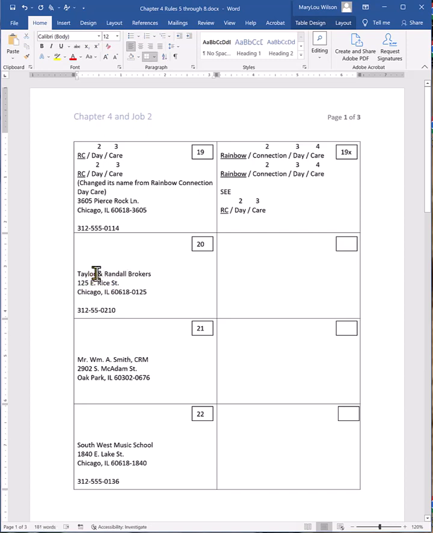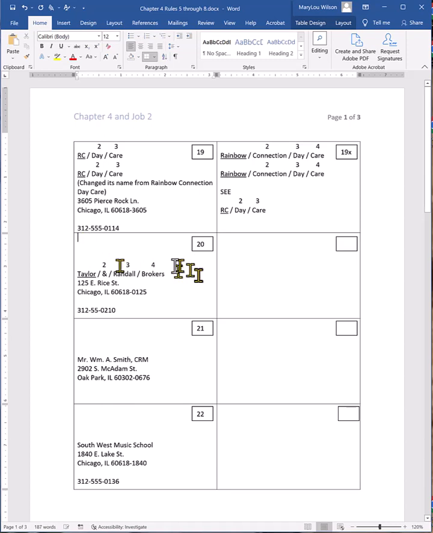Okay, so this is a business name, so we're going to first put our slashes in between, and then we're going to underline Taylor. We know that we're eventually going to spell out this symbol, but it still is unit 2, and then here's unit 3 and unit 4.